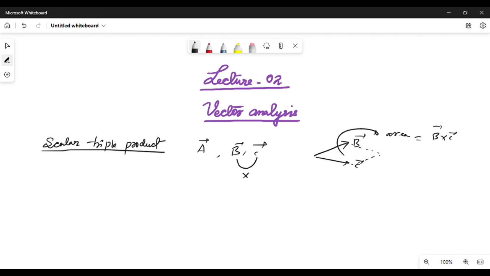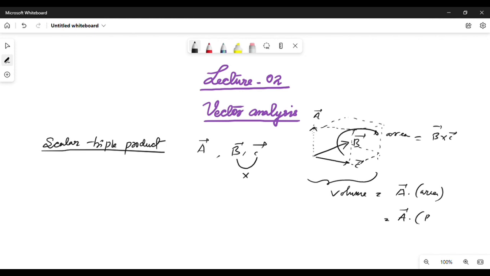Then certainly, if there is another vector that is perpendicular to the area, like this, suppose it is the A vector, then if I join to complete the diagram, you may see that they form a volume. This is a volume.